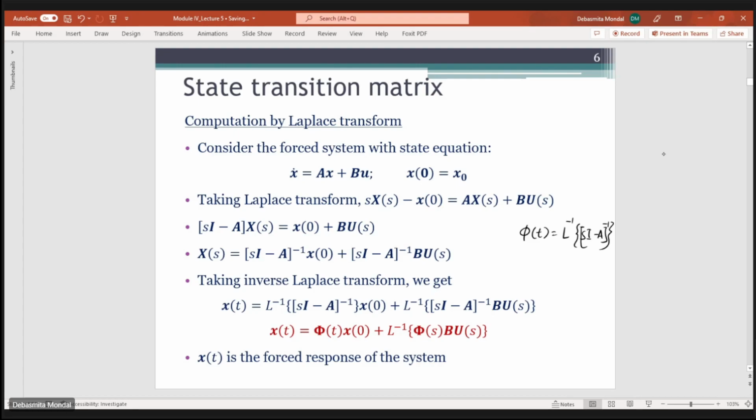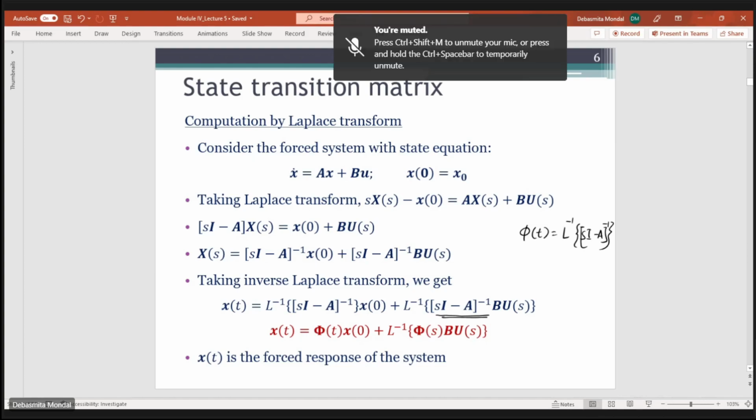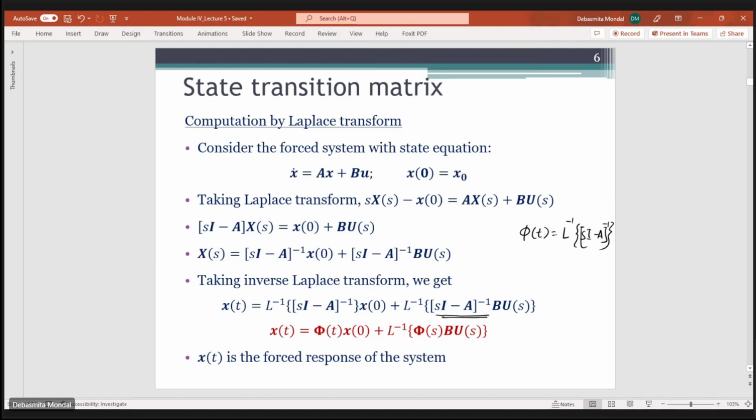So x(t) will be equal to phi(t) into x(0) plus the Laplace inverse of phi(s) into B into U(s). And this x(t) is known as the forced response of the system. Forced response means whenever your system is excited, or the input to your system is a finite input, how the system responds in the time domain is known as the forced response of your system.